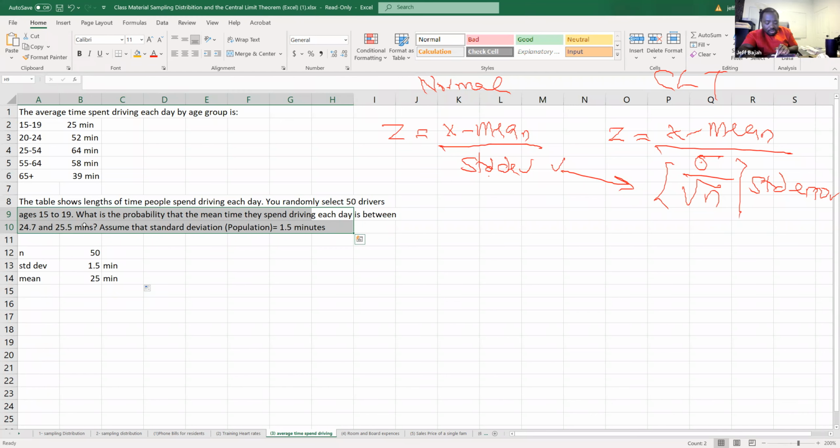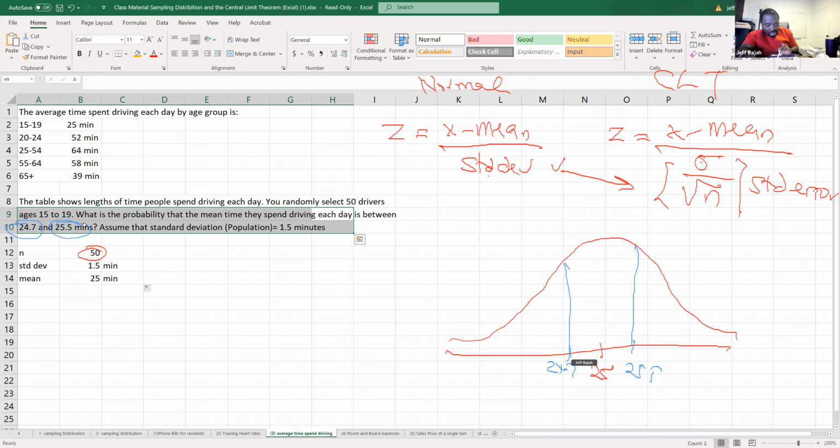What we have here is a normal question, and because n is more than 30, we know we can use CLT to solve it. So what they're asking us is to find the probability of selecting this range. But these are X values.